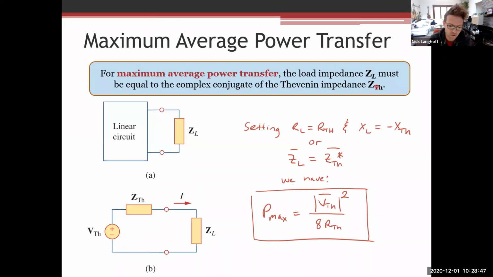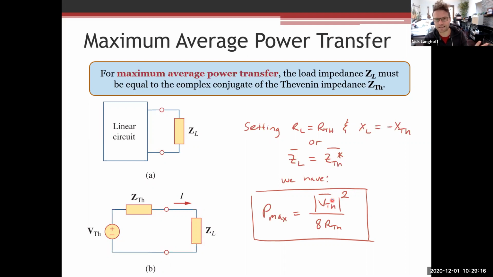So set RL to R Thevenin, and set the load reactance XL equal to the negative of the Thevenin reactance. In other words, ZL should be equal to the complex conjugate of Z Thevenin. And calculating the maximum power is the magnitude of the phasor V Thevenin squared, okay? So keep that in mind.